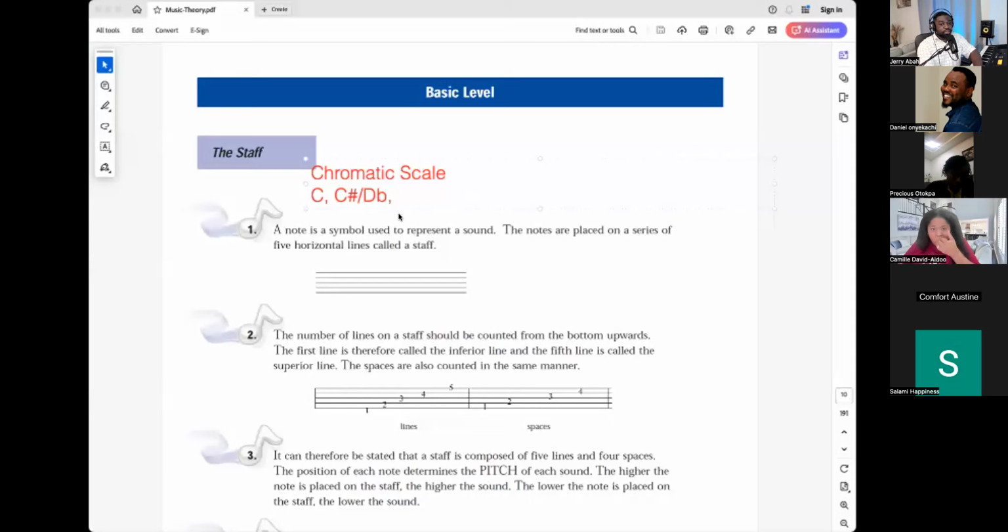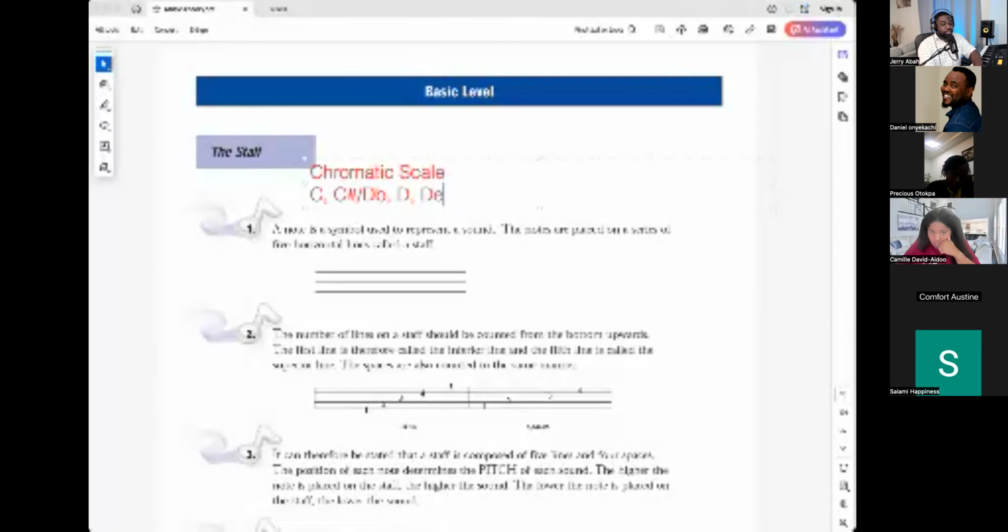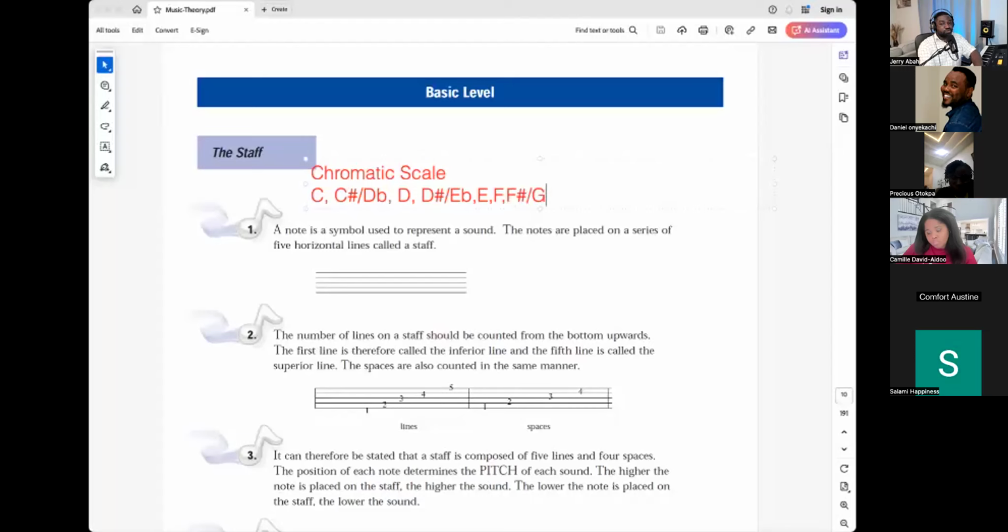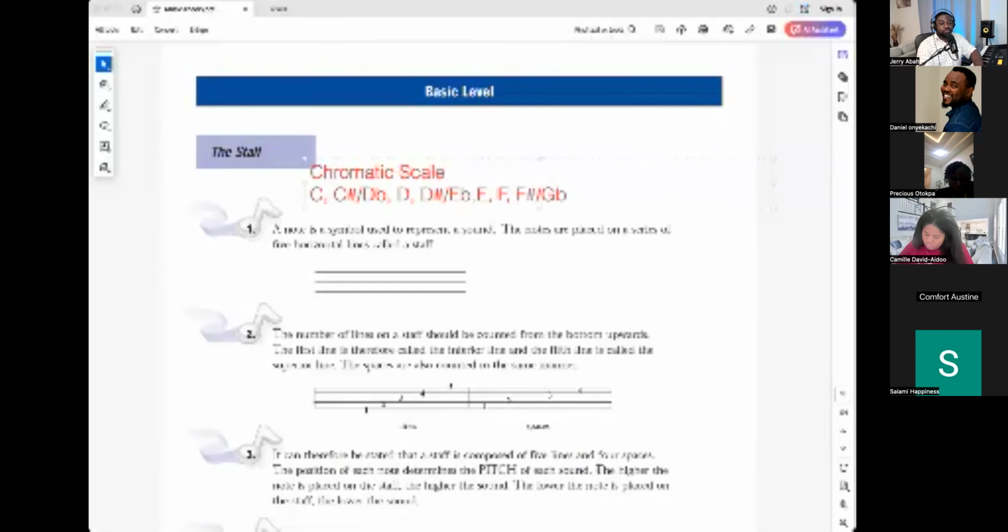And then that is followed by D, and then D is followed by D sharp or E flat, followed by E. E has no sharp, so we follow it immediately by F, and this is followed by F sharp or G flat. Maybe I should put the spaces in between them for readability.